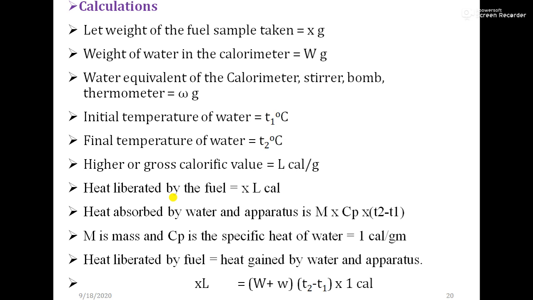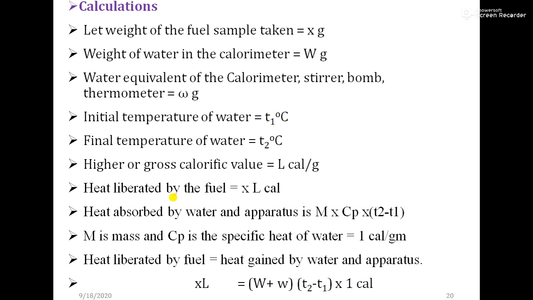The heat liberated by the combustion of fuel is absorbed by the calorimeter. Some part of the heat is absorbed by the calorimeter, stirrer, bomb and thermometer, which is taken in the form of omega, that is water equivalent. Then the initial temperature of water is T1 degree Celsius, and the final temperature is T2 degree Celsius.